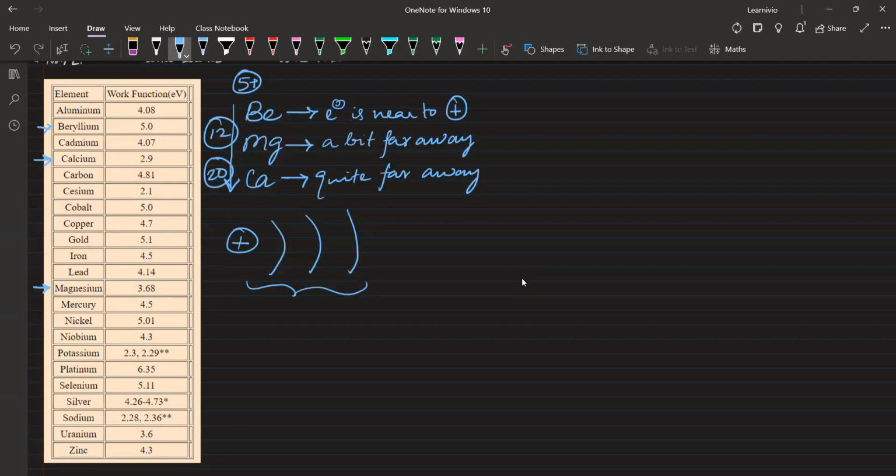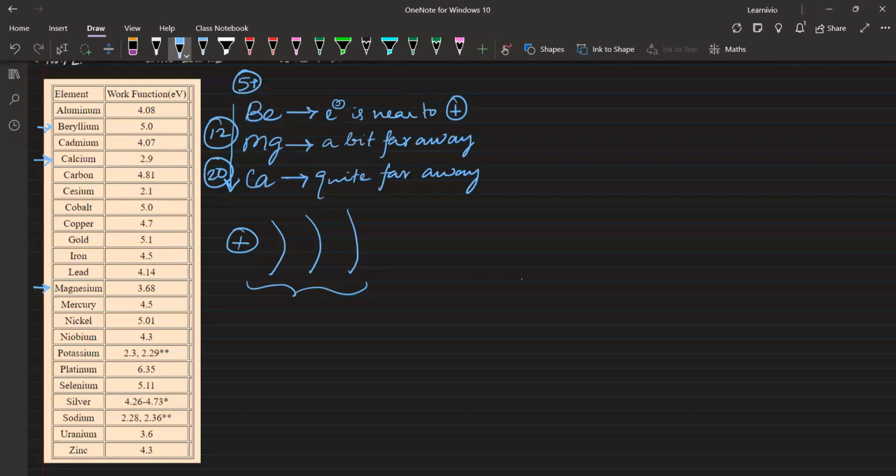We should expect that calcium should hold the electrons much more tightly because it has more protons. And if it holds the electron more tightly, it should have a higher work function. But it is the opposite. Calcium has the lowest work function. Beryllium, which has only a few protons, has a very high work function.